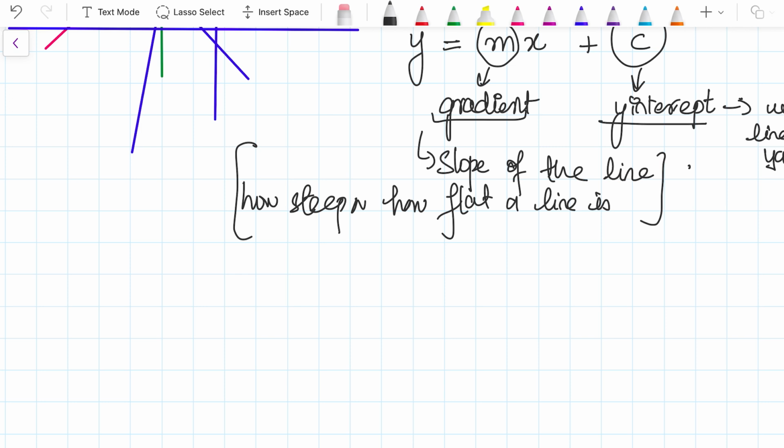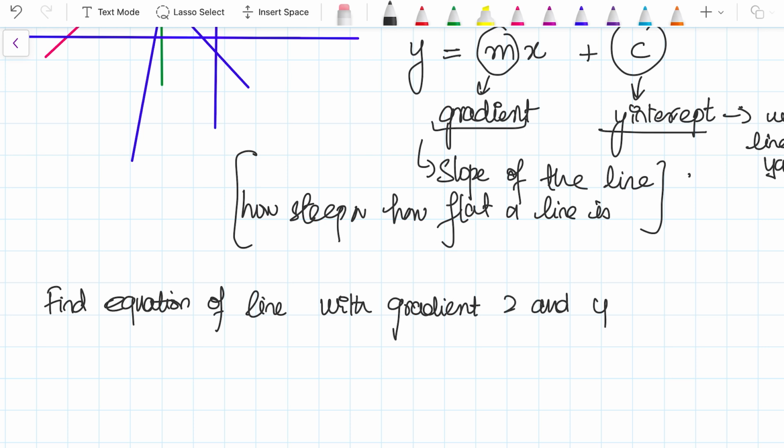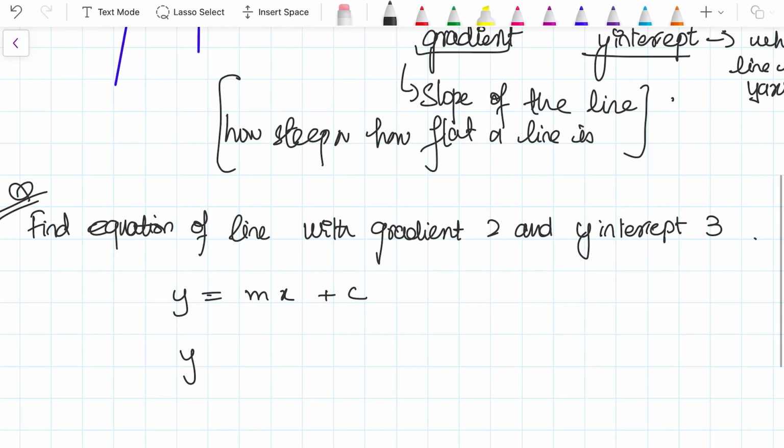For example, if they say, find the equation of the line with gradient 2 and y-intercept 3. Gradient is 2. That means y equals mx plus c is my formula for the equation of the line. So I just need to input y equals 2x plus 3.